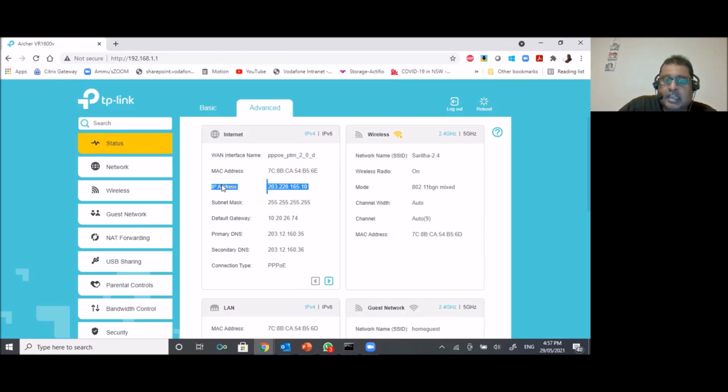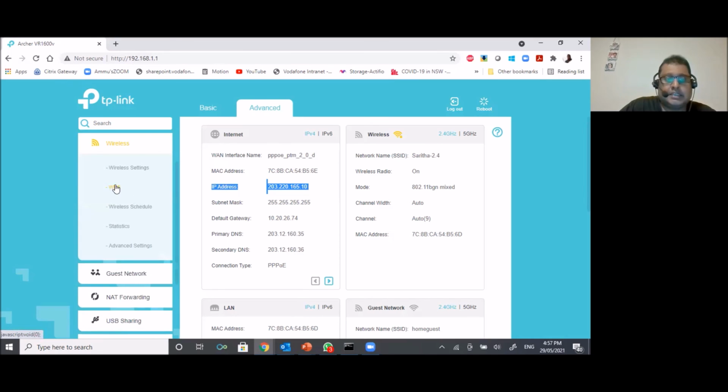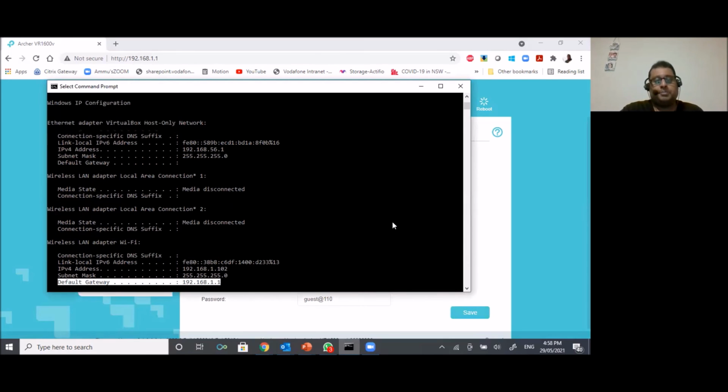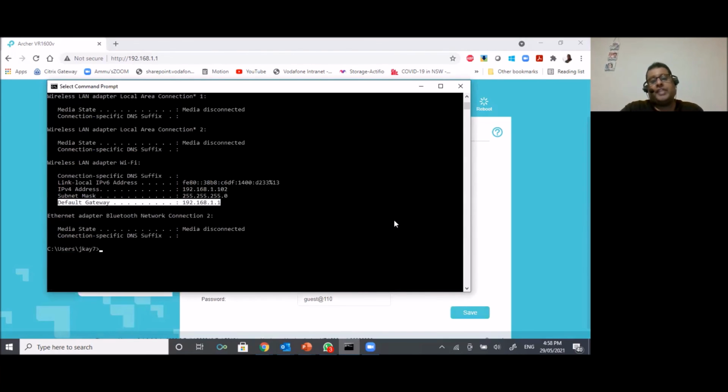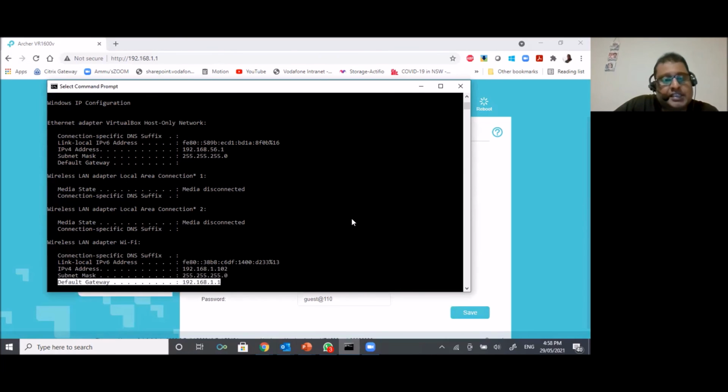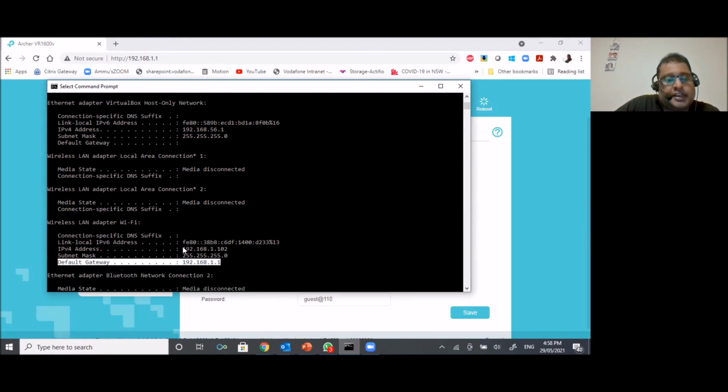Okay. Now I go to my wireless. The wireless device at my home has the ability to provide IP addresses, and that IP address is the private IP address. So in this case, I've got an IP address of 192.168.1.102.